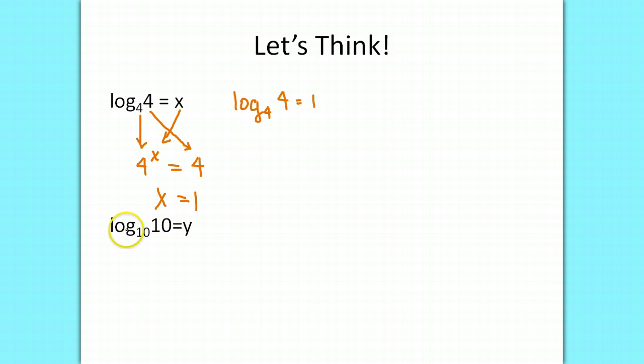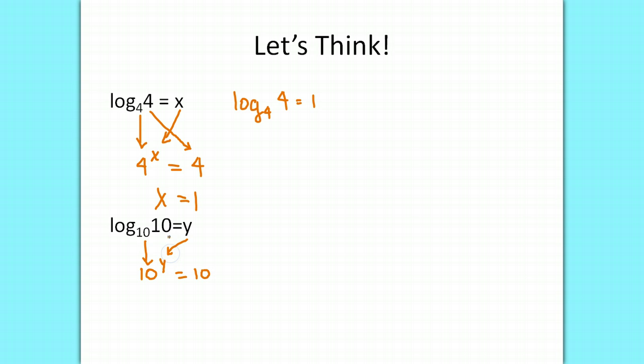Okay, let's do a similar thing here. Log base 10 of 10 equals y. Let's try to figure out what y equals. If I write it in exponent form, it would be 10 to the y power equals 10.